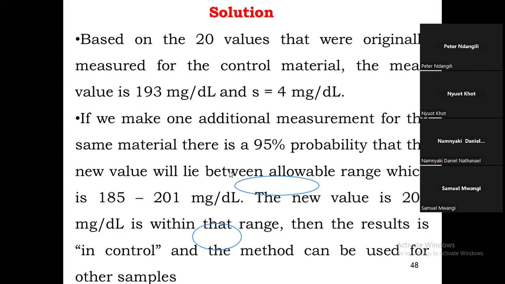For example, based on the 20 values, you realize that the mean is 193 and the standard deviation is 4.